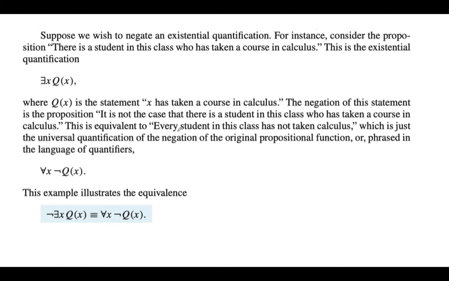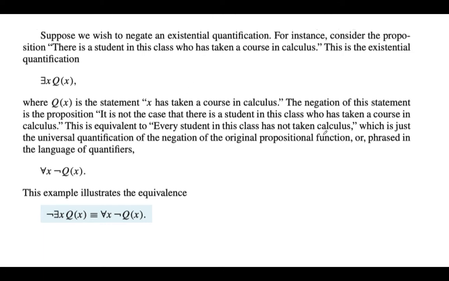This is equivalent to every student in the class has taken calculus. So the negation is this: every student in the class has taken calculus, because the statement says there is a student in the class who has taken a course in calculus, but we negate it. We say no, not one student, but all students.